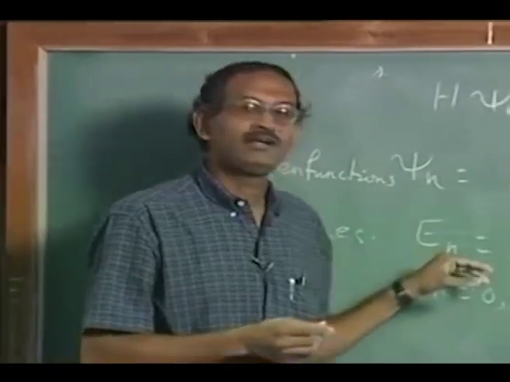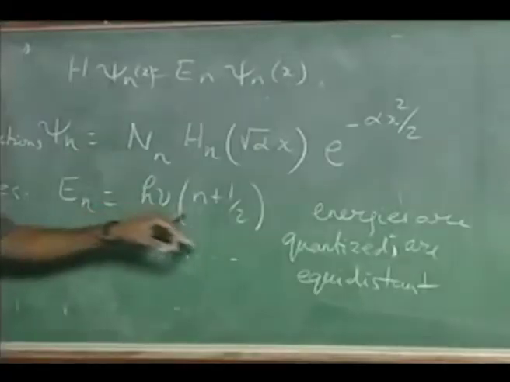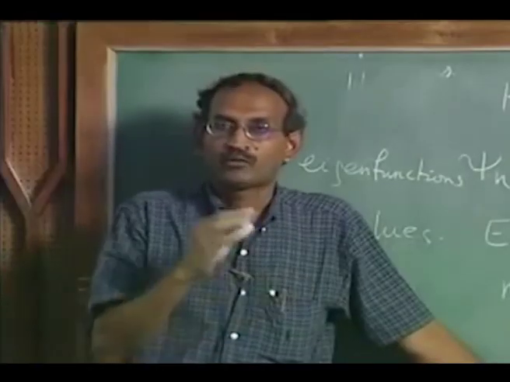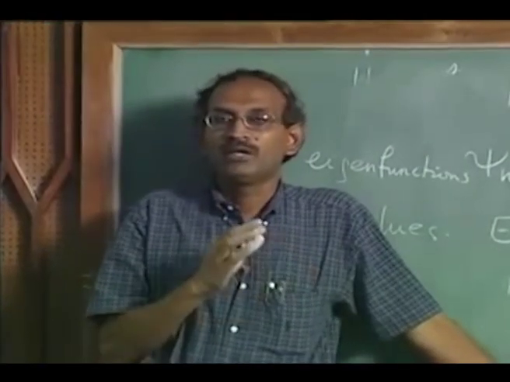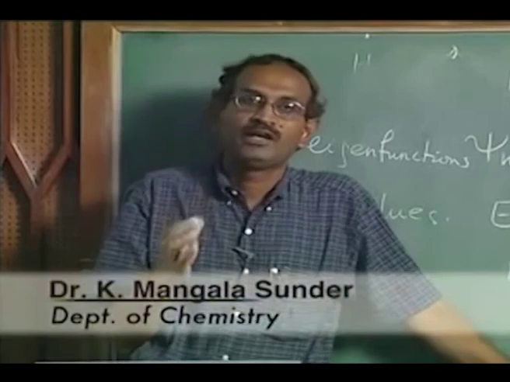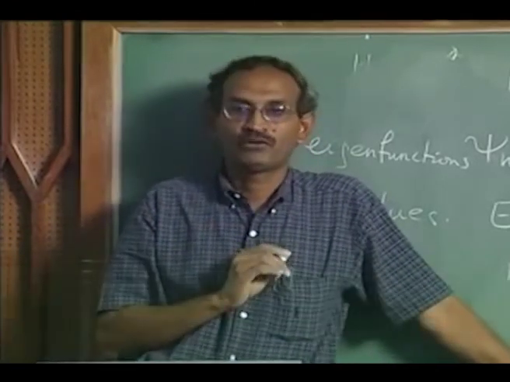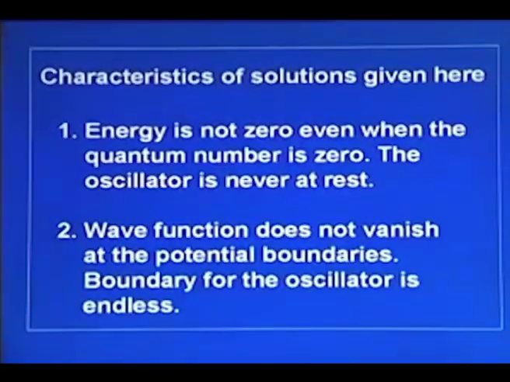So the fact that the harmonic oscillator energies are non-zero even when the quantum number is 0 means that the oscillator is never at rest, and we are quite happy now that it is consistent with Heisenberg's uncertainty principle.